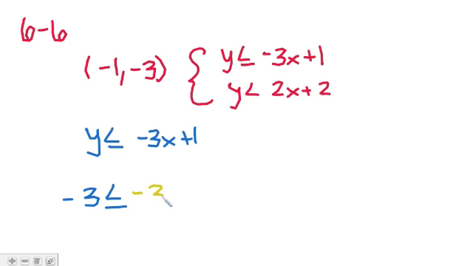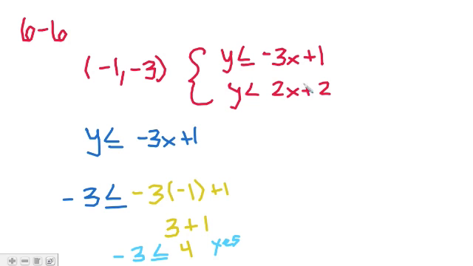I'm going to do -3 times -1, because that was my x value, plus 1. -3 times -1 gives me a +3, plus 1, which gives me a 4. So our final answer here, does -3 represent a number less than or equal to +4? Yes, it is. So far that's a solution.